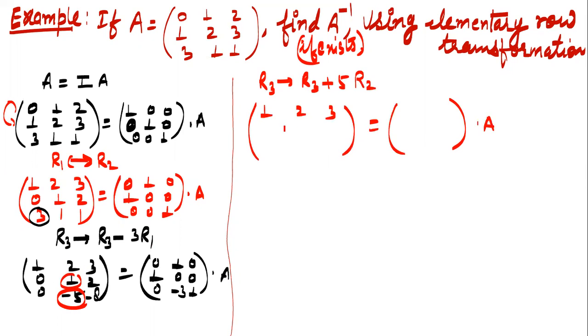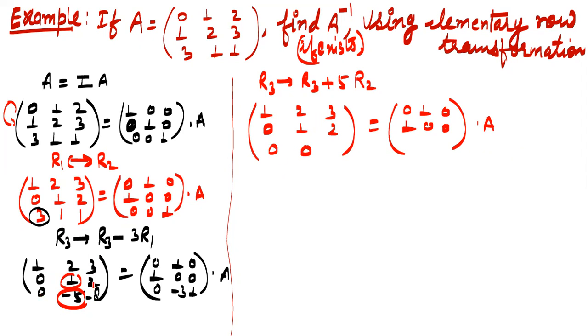1 2 3 0 1 2 0 1 0 1 0 0. R3 plus 5 R2. That is 0.